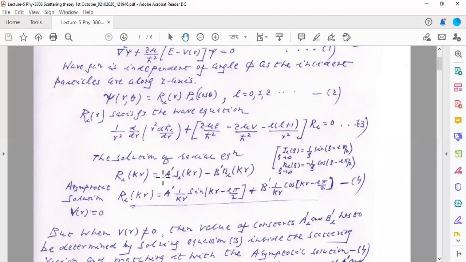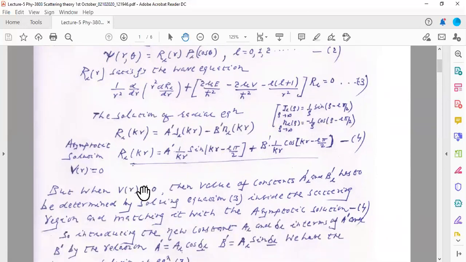When you want to write the solution of equation number 3 in presence of potential, by considering the solution in the region where V of r is equal to 0, you have to introduce new constants. Let us discuss this matter very carefully.